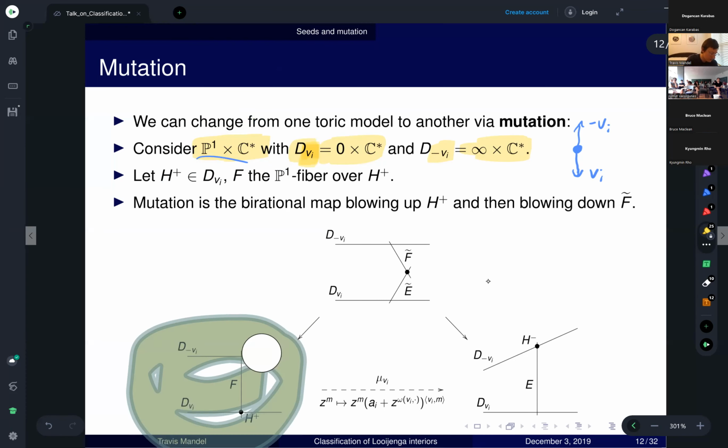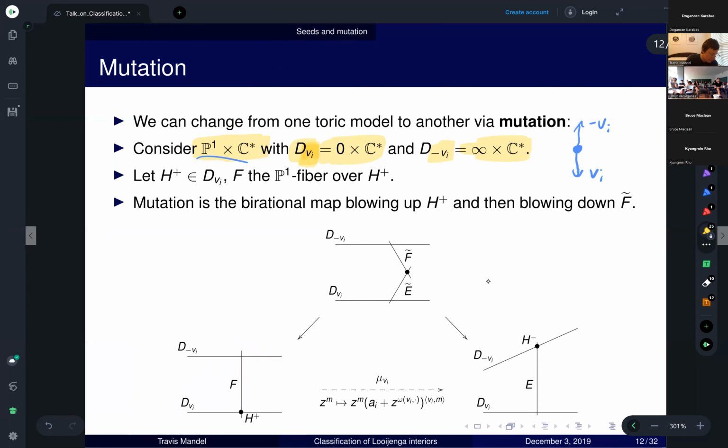I have P1 times C star, and here's dVi. And inside there, I'm going to choose a point, call that point H plus. That's this point. And I'm going to let F denote the P1 fiber over this. So this fiber is F, and we have a map that just projects down to dVi, collapsing all these P1 fibers. So F is the fiber over that.